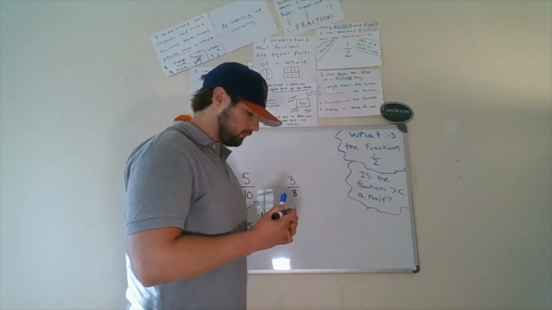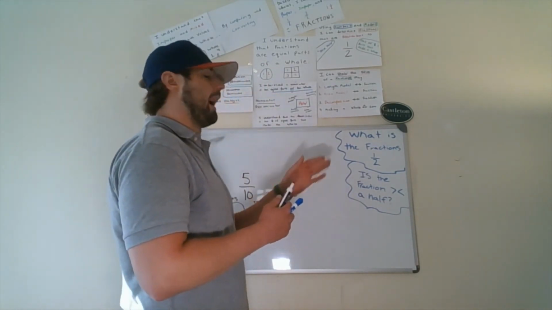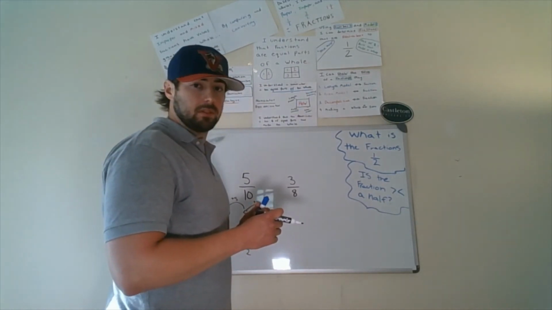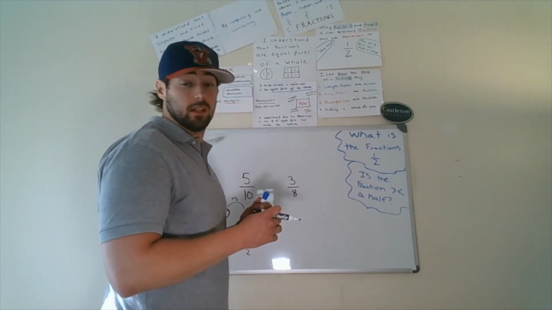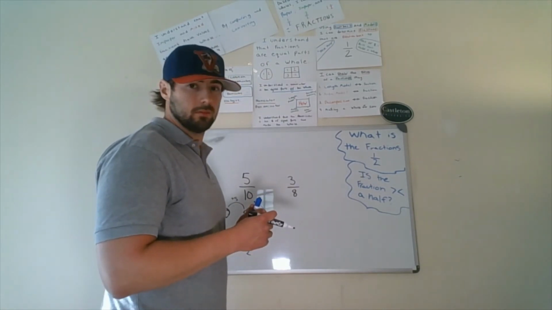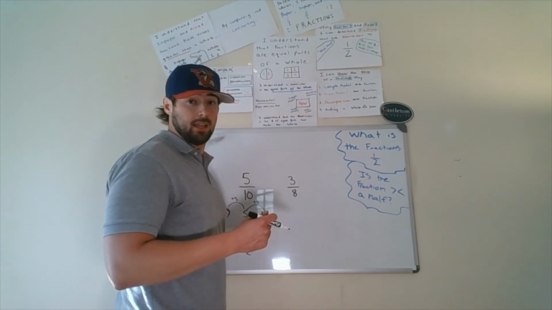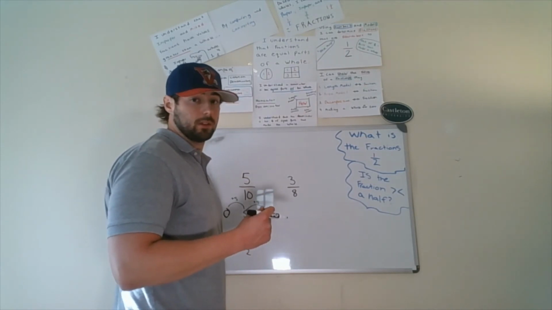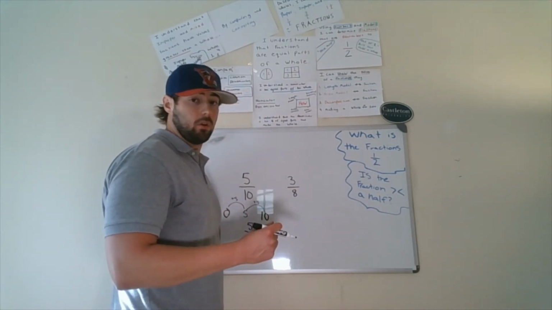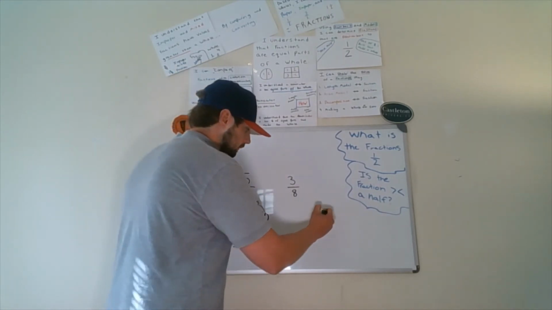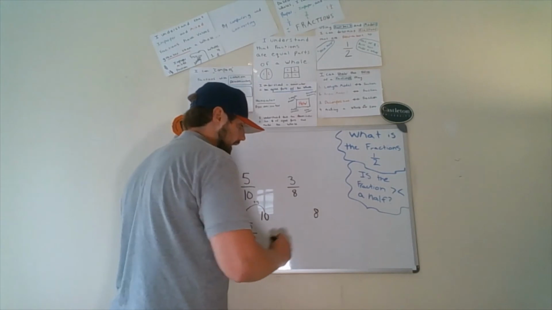3/8. We need to think of the half of 8. How many 8ths is a half of 8? Well, we need to think parts that make the whole first. How many parts make the whole in 8ths? That would be 8.